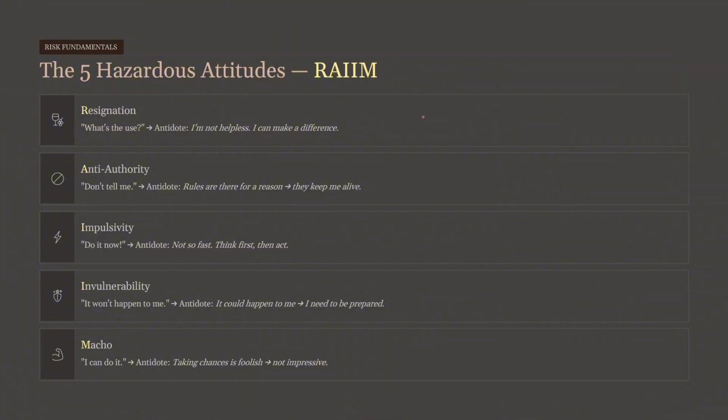As an instructor, I think it's important not just to identify these attitudes, but also to teach antidotes, because the antidotes help students replace unsafe thinking with a safer and more disciplined mindset.